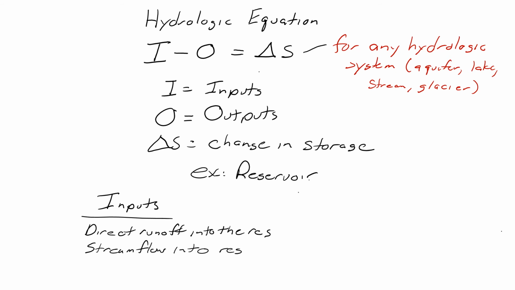How else might the reservoir get some water? Precipitation. Raining right on the reservoir, right? So precip onto the reservoir. Okay, so we got stream flow, we got a little bit of runoff, we got rainfall landing on it.